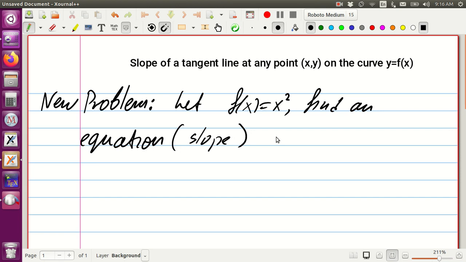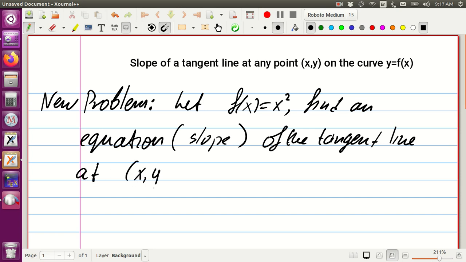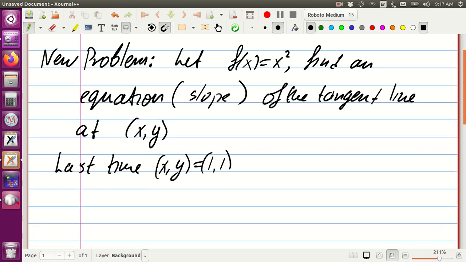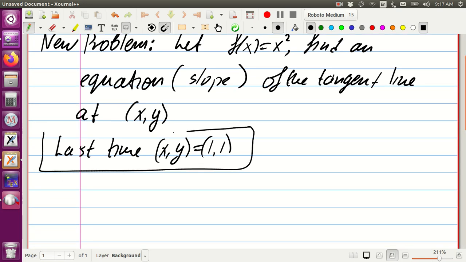Find an equation of the tangent line at x comma y. As I remember, last time x, y was set to be 1 and 1, but now it could be any point that we want. Okay, this is from the last time.